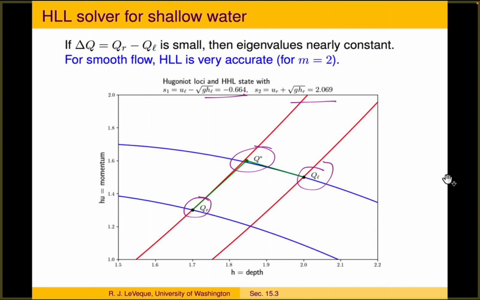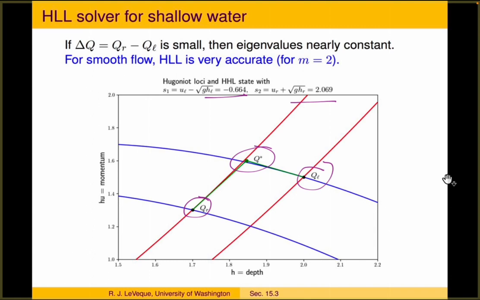But then if there's some strong shock waves separating portions of smooth flow, then you also have to worry about doing well on those shock waves too. Also, this is for a system of two equations, the shallow water equations, so an HLL solver, which is only using two waves, is adequate and can really approximate well the full solution in this situation.